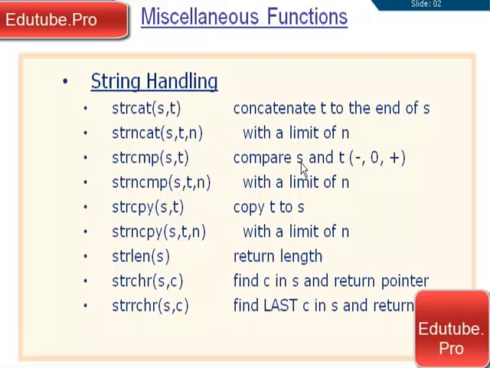If S is less than T, that's alphabetically. If S contains characters in it and the string is less than T in the alphabet, a negative value will be returned, because what happens is that T, character by character, is subtracted from S. Let's say that this is S and this is T, concatenate and compare.